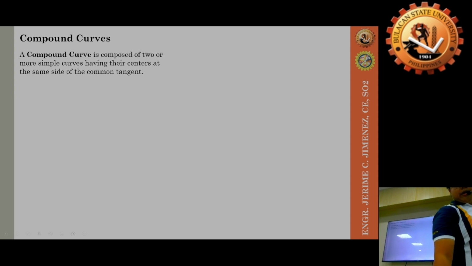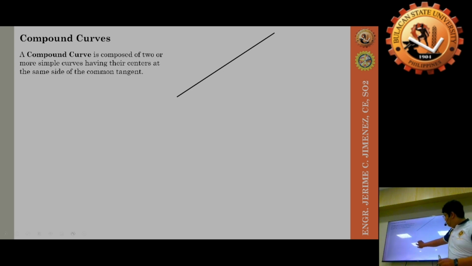So, say for example, nag-drawing tayo ng isang back tangent. May back tangent tayo dyan, and we have a forward tangent. Okay? In between nila, of course, may intersection yan. Okay? That intersection, maglagay tayo ngayon ng point. Okay?